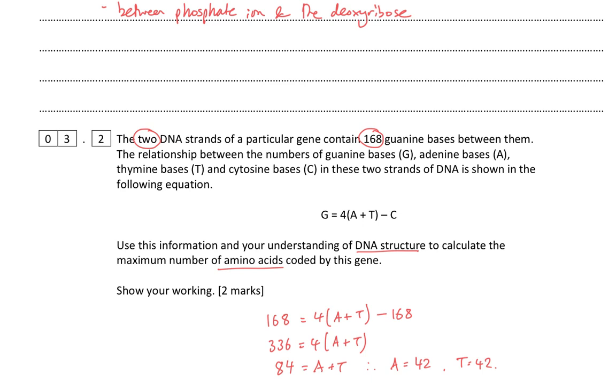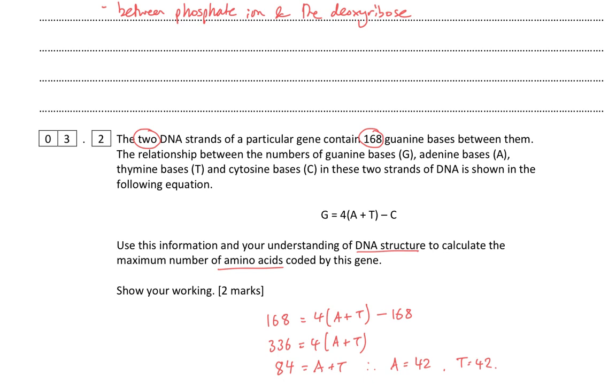Oh, so now I know everything. I know A, T, G, and C, and I know I've got 42 plus 42 plus 168 plus 168 of them. So let's add all that together. I've got 84 plus 168 plus 168, which equals 420. So I've got 420 bases.